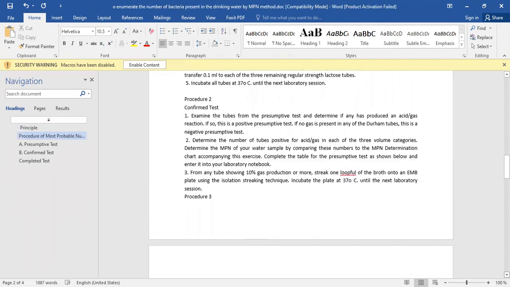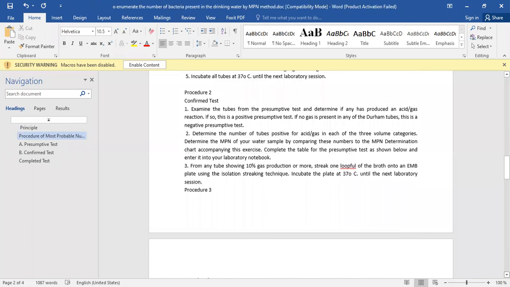After that, we go to procedure number 2, the confirmed test. Examine the tubes from the presumptive test and determine if there are any acid reactions. If so, it is a positive presumptive test. If no gas is present in any of the Durham tubes, this is a negative presumptive test. After the test becomes positive, we go to the confirmative test.